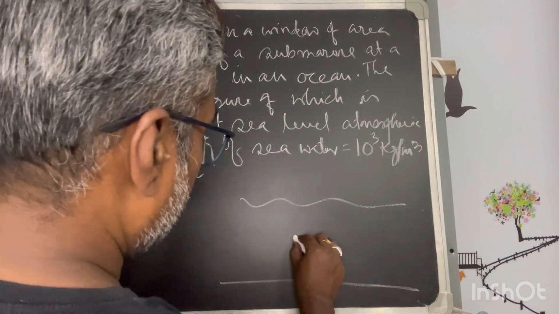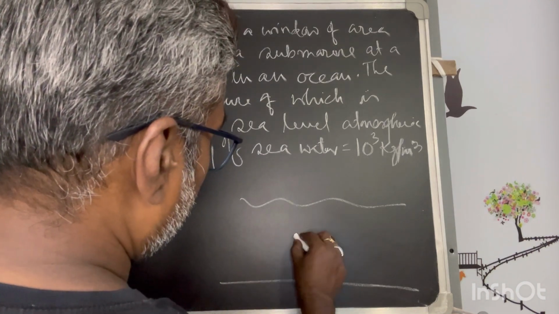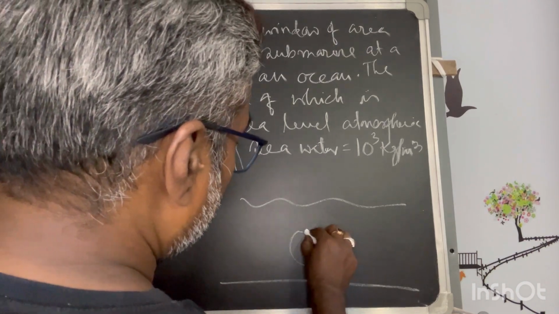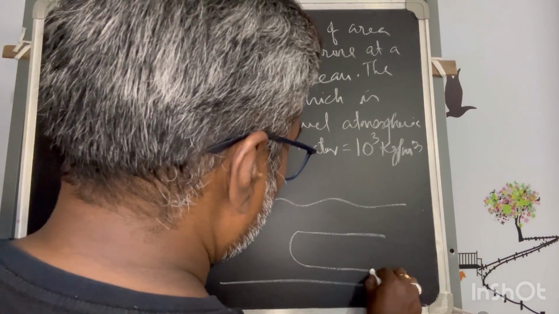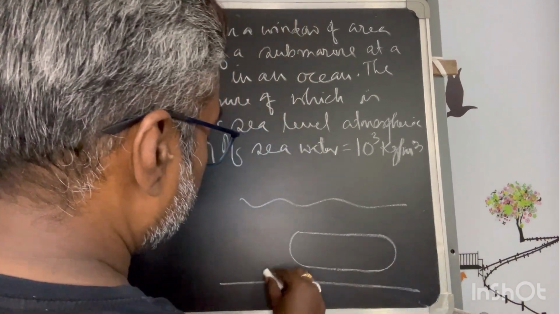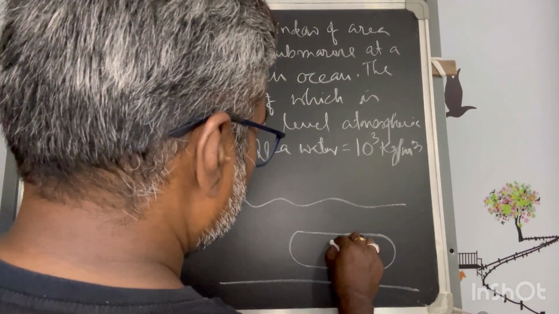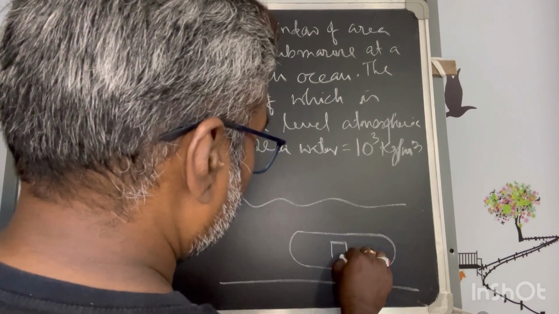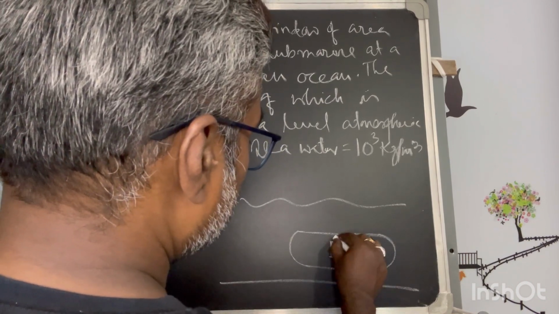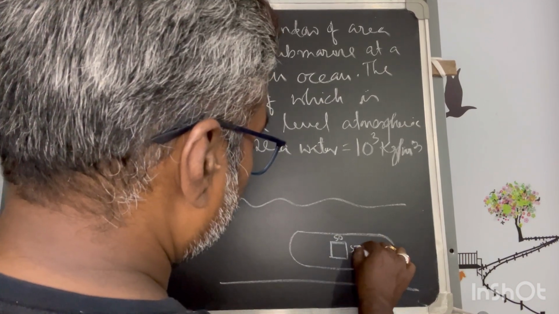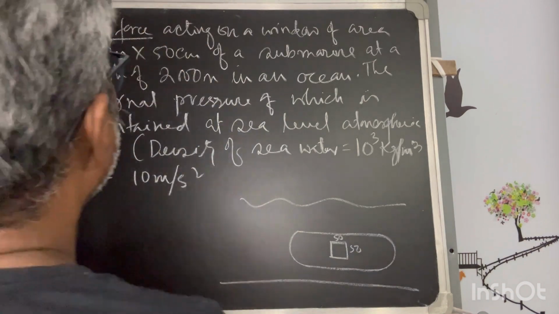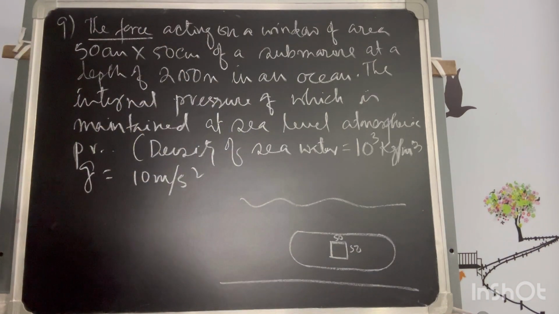There is a submarine, let it be of this set. Okay, so there is a window of size 50 by 50. Submarine is at a depth of 2000 meter in the ocean.